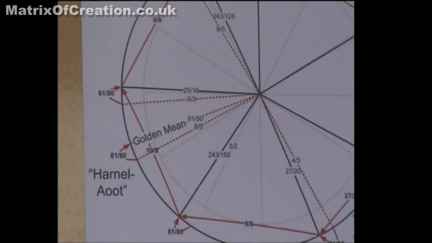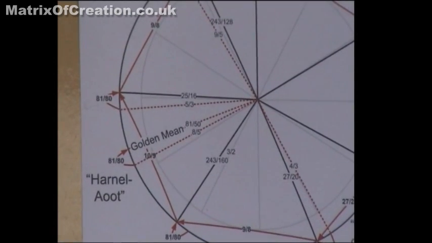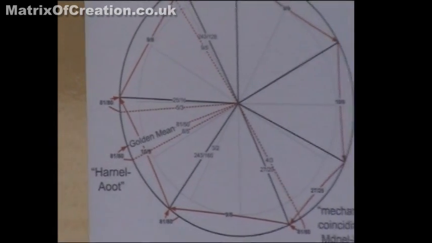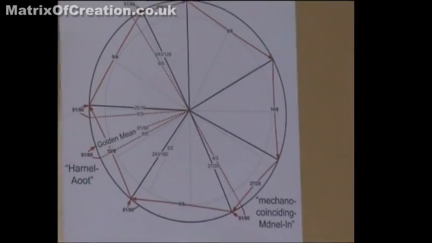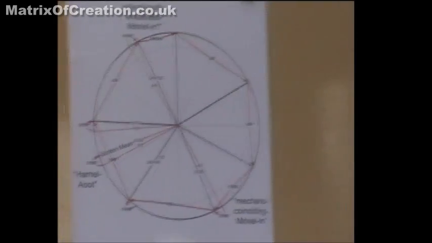Venus is the most systematic of the planets in the solar system, and expresses the Fibonacci version of the golden mean. But if we add 81 over 80 to it, then we end up with the actual golden mean, and more like the irrational true ratio.